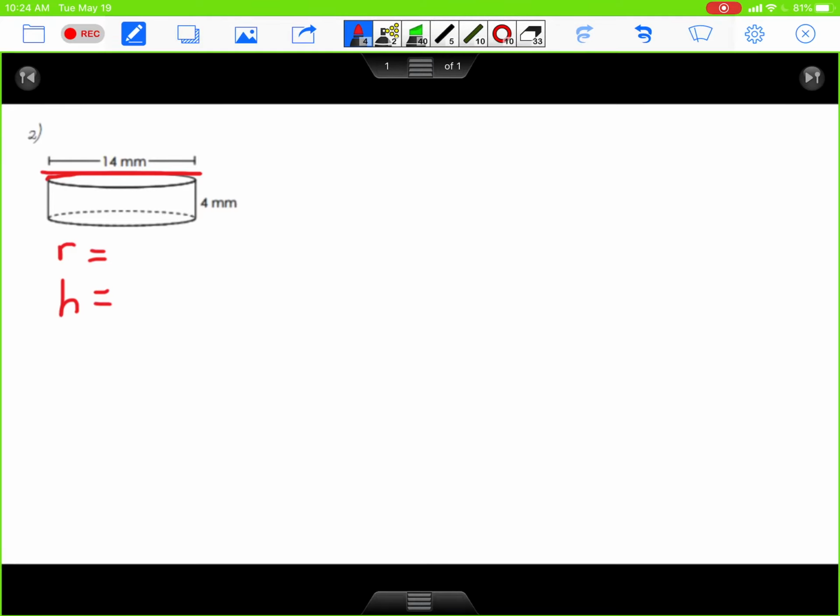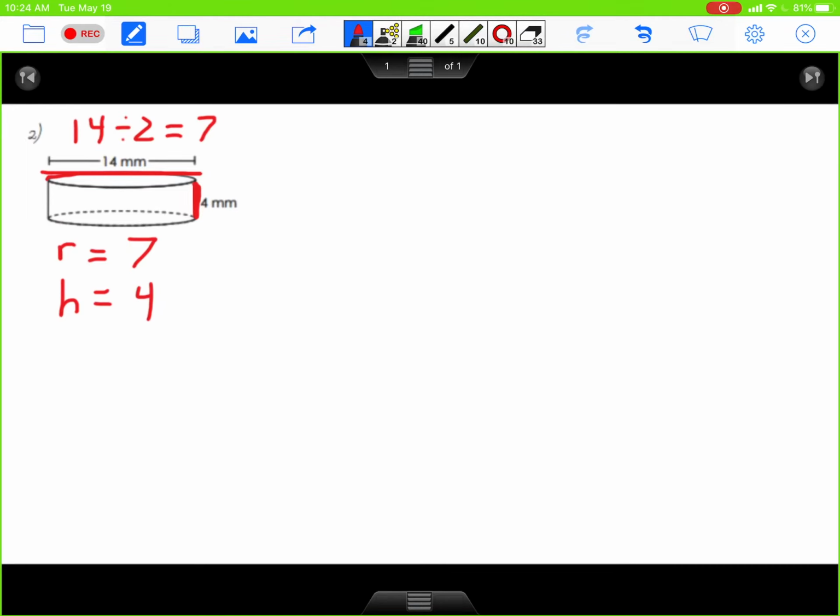If they ever give you a diameter, to get the radius you just need to divide by 2. So 14 divided by 2 is equal to 7. So we have a radius of 7. And the line that's between my two circles gives me a height of 4. Simple.